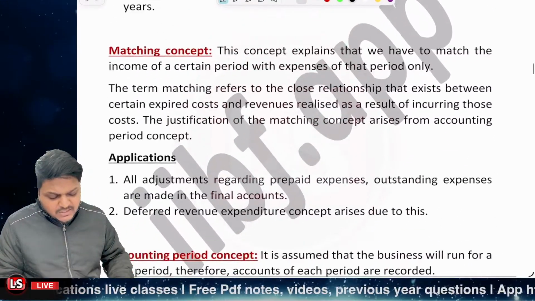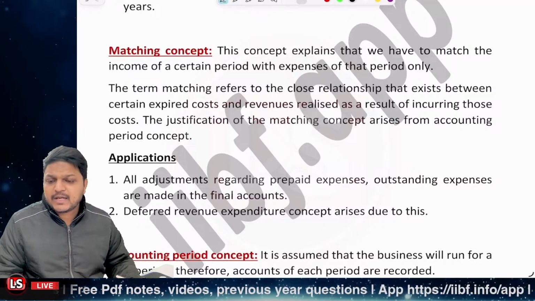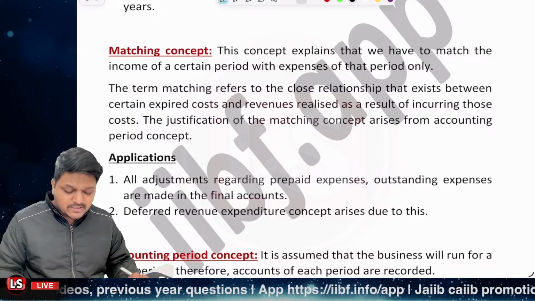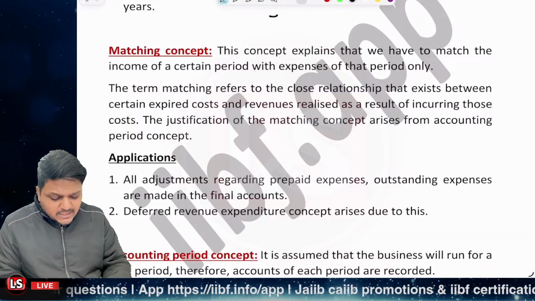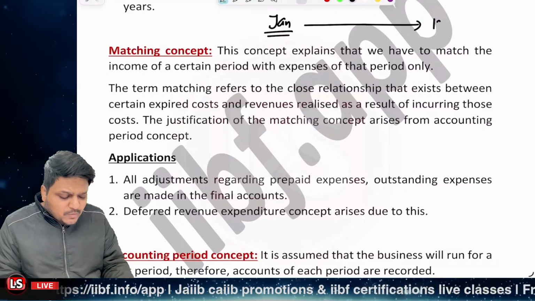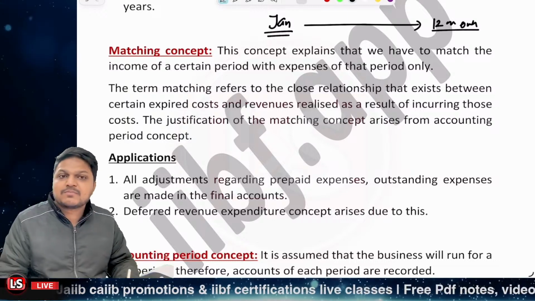Further, it is a matching concept. Matching concept is also very much important. I already gave you an example in the last video also. Let me reiterate that example very clearly again. Let's take the case that in the month of January, you paid the rent for the next 12 months in advance.